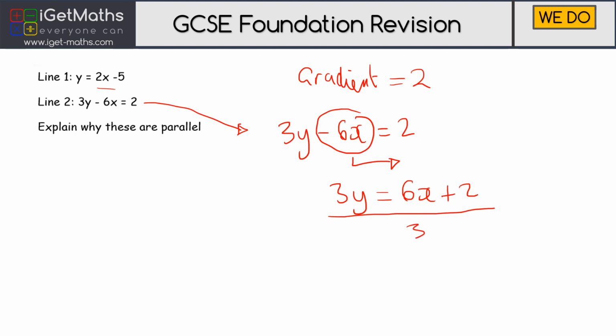So 3y divided by 3 is just y. 6x divided by 3 is now 2x. And 2 divided by 3 will give us an intercept, which is just 2 over 3. But now we can show that this and the first line are both parallel now because they have the same gradient, and you're done.